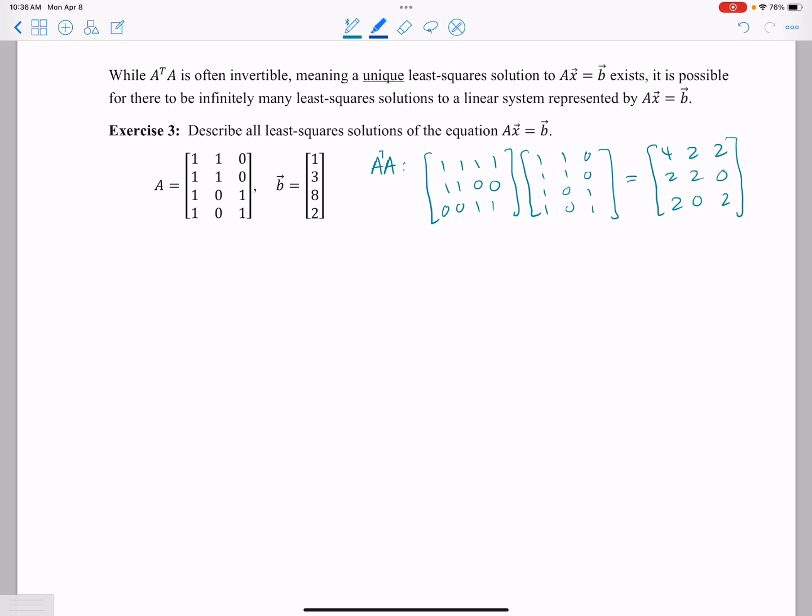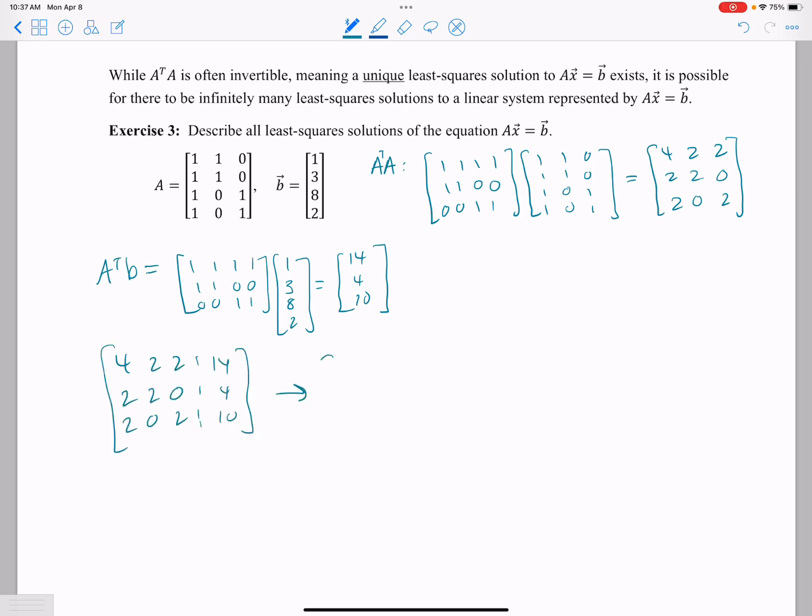Again, just thinking about checking yourself, it is symmetric. If you fold it right there, you get the same thing on both sides. A transpose b is 14, 4, 10.